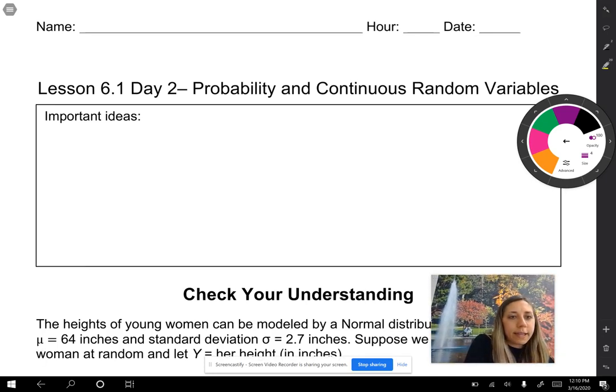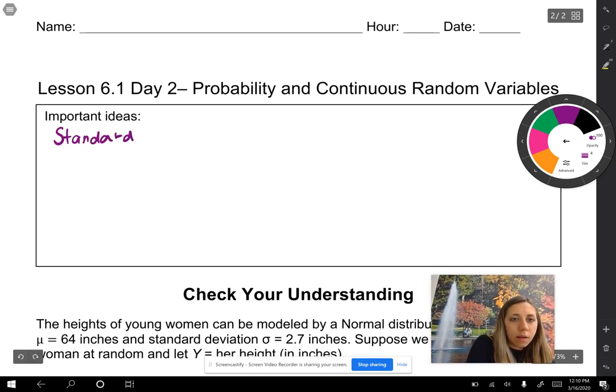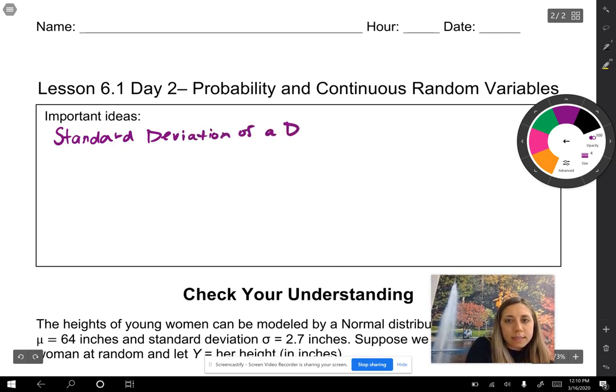So standard deviation of a discrete distribution.